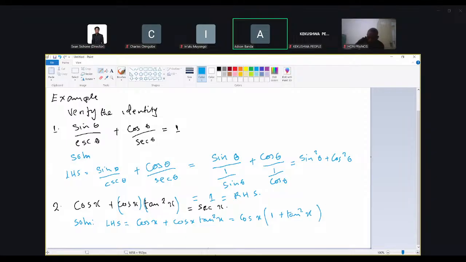Okay, so then what do we have? This is an identity which we saw earlier. And so we just replace 1 plus tan squared theta by that particular identity. What identity is that? Can someone tell me?